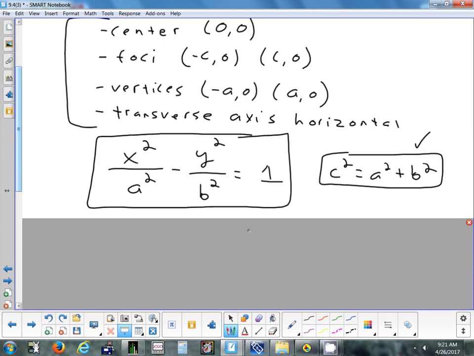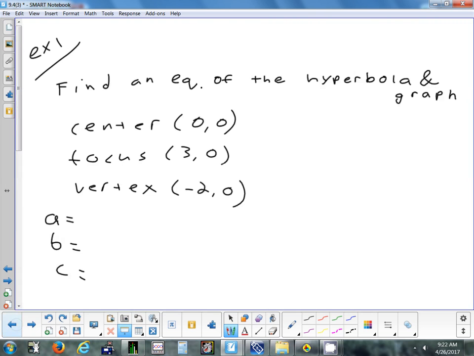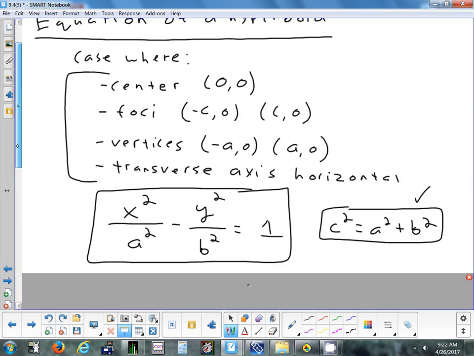Now I'm going to give you a hint at how you can draw a hyperbola relatively accurately. I'm looking for a picture already drawn, but I don't have one, so I'll draw it.